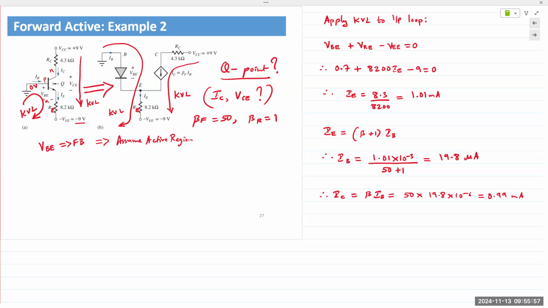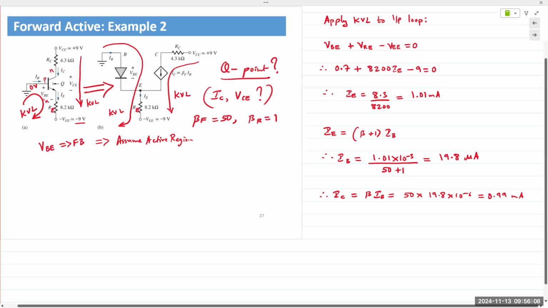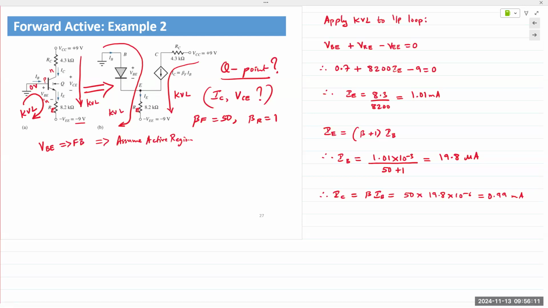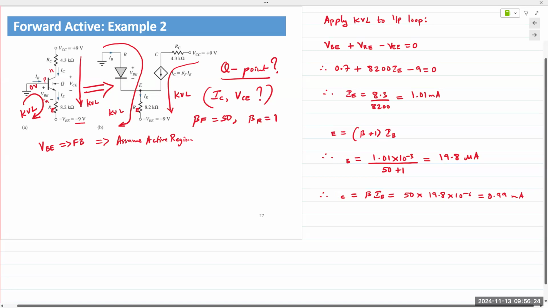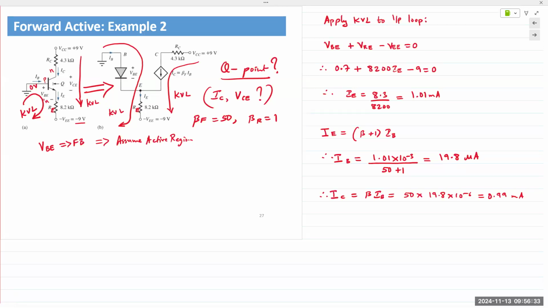But I want you to take a pause and take a look at the values for the three currents: IE, IB, and IC. If you look at the three current values, what do we see?